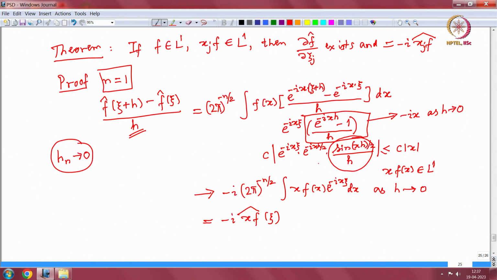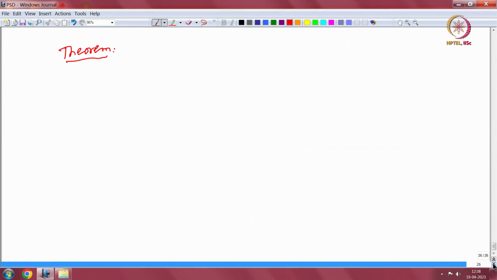There are several steps here, and convince yourself how the dominated convergence theorem is used. This is always used in interchanging the limit and integral sign under appropriate conditions, so we should verify those conditions.